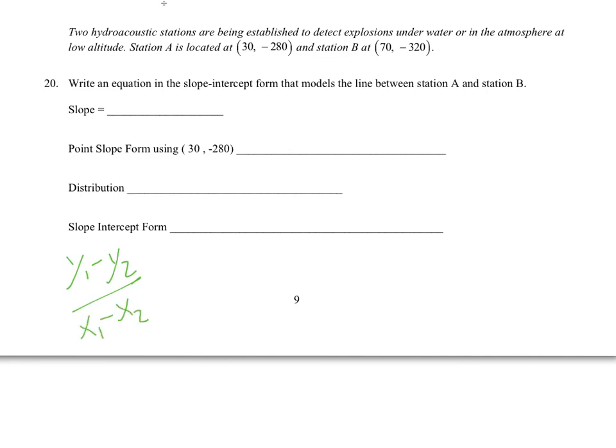So I'm just going to pick negative 280 minus negative 320 over 30 minus 70. Minus a negative becomes plus. That would be 292 over 30 minus 70, which is negative 40.